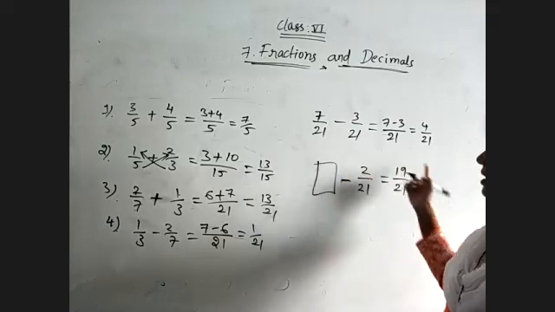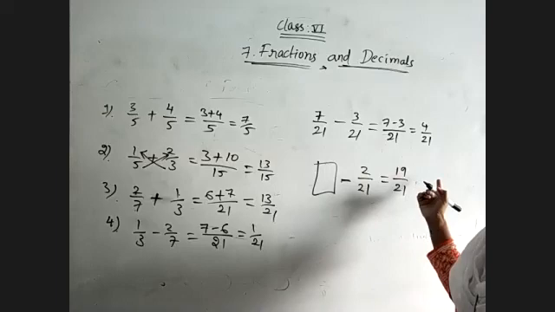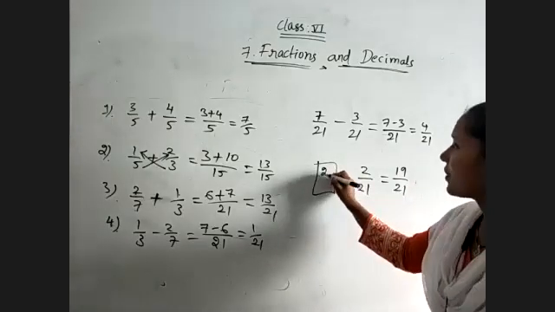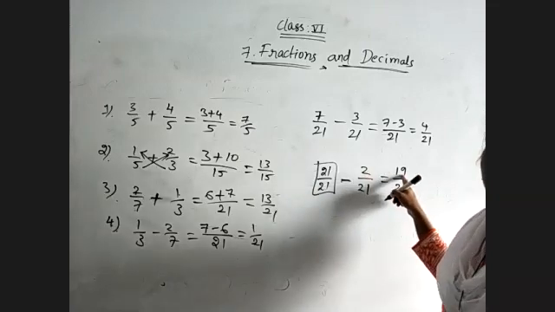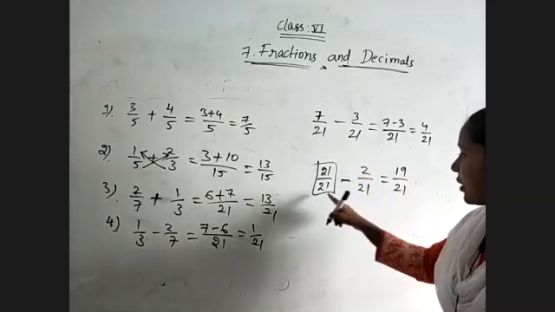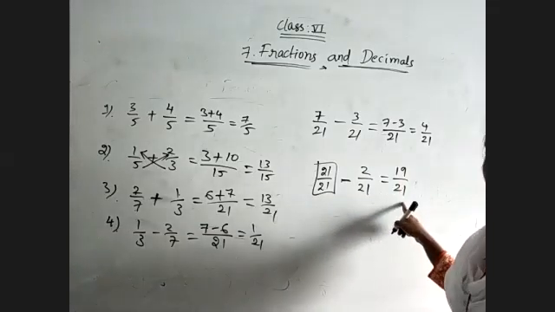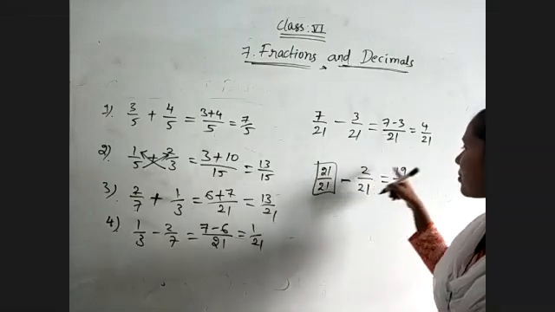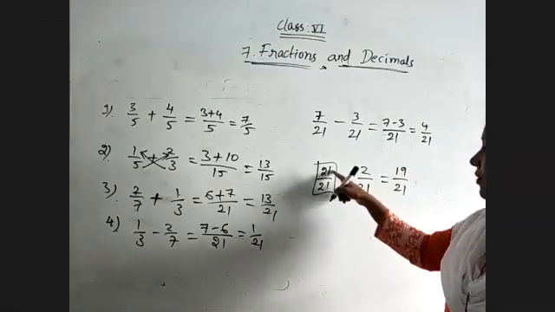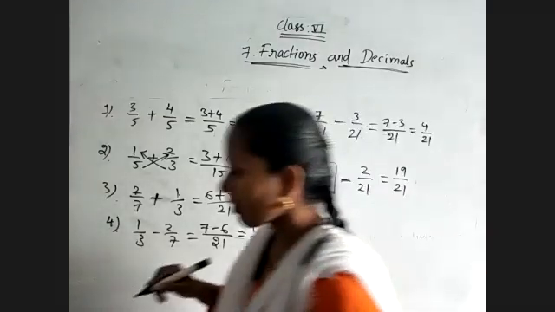So bring this number this side, means 19 plus 2. Minus is there, no, plus 2. 19 plus 2 is nothing but 21. 21 by 21. 21 minus 2 is 19. Okay, denominator compulsory will get 21 only, because these two are like fractions now. So 21 is the denominator, and 21 minus 2 will get 19. That's all. 21 by 21 is the required fraction. Okay.